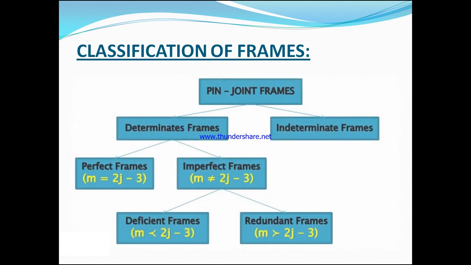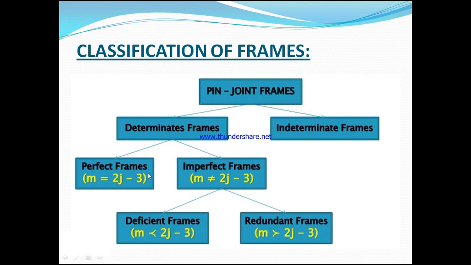Classification of frames: we have seen that frames are classified into pin jointed frames and rigid jointed frames. In pin jointed frames, you have two types, that is determinate frames and indeterminate frames. We'll see in the next slide what a determinate frame is and what an indeterminate frame is. Again, determinate frames are classified into two types, that is perfect frames and imperfect frames.